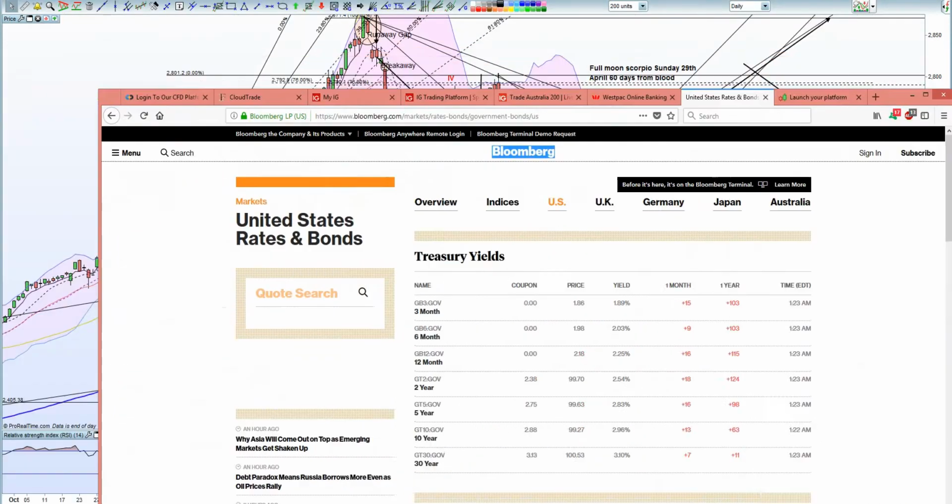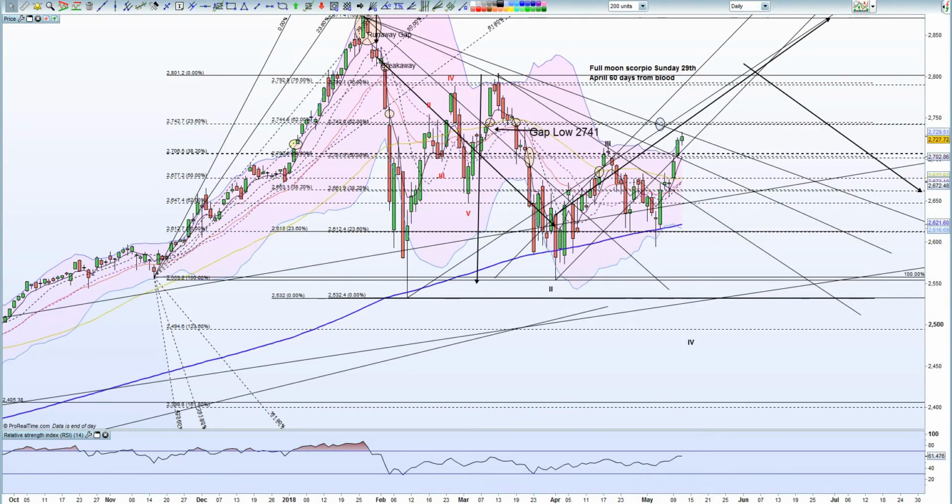So the point I make is, when the 10-year hit 270 it caused this panic, and now we've got a high yield at 296, and they're saying that the market's okay with this and allowing prices to move higher.